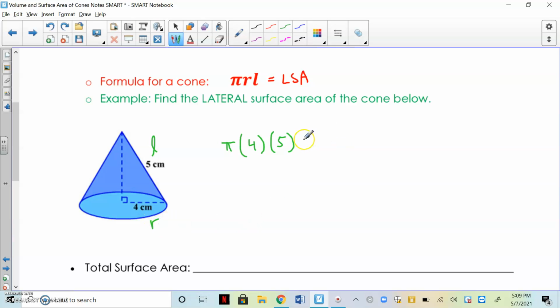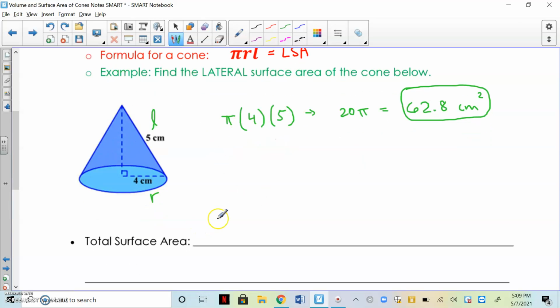That gives me 20 pi. If I pop that into my calculator, I get 62.8 centimeters. And remember, because we're working with area, it's going to be square units. And that is all for lateral.